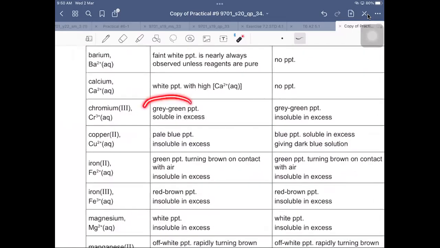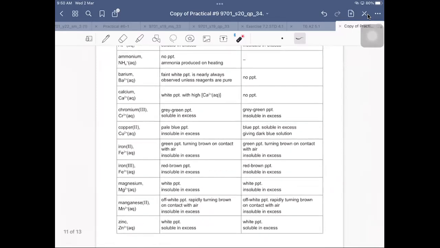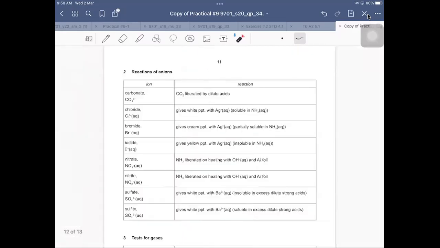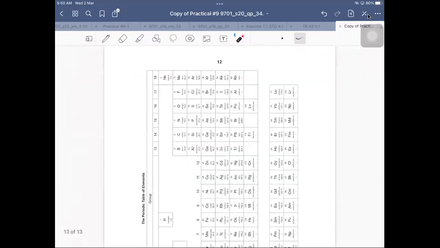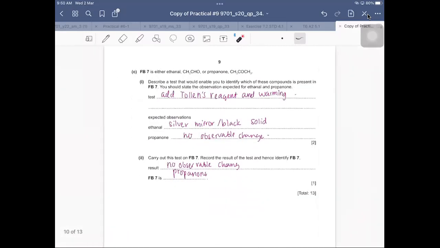I would take the dark brown one. Do not write down black precipitate. There is no black precipitate in this table. Yes, this table will be given to you, and the grading table should also be given to you.